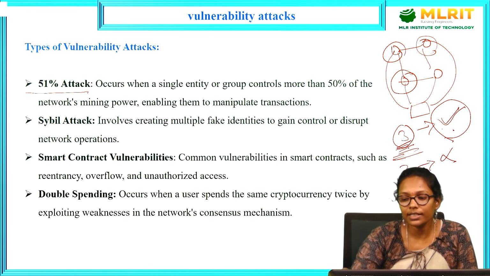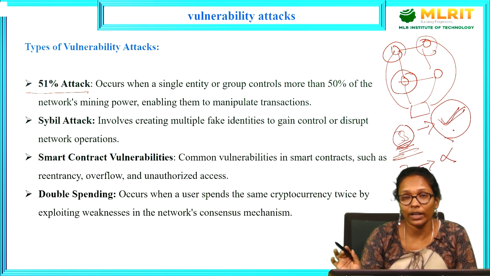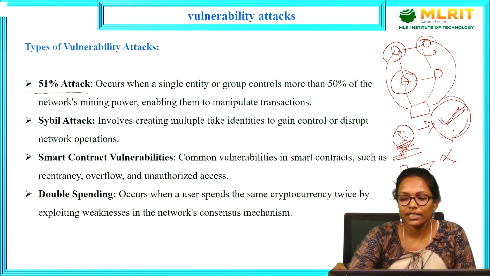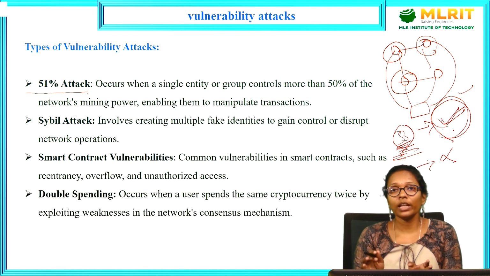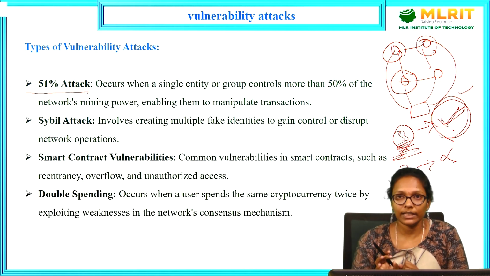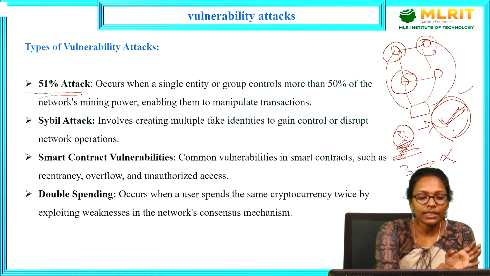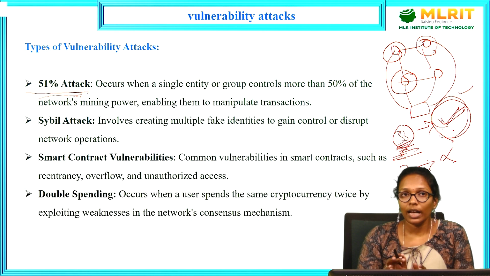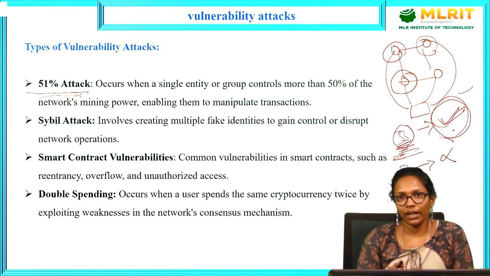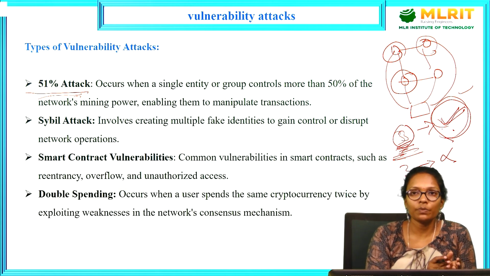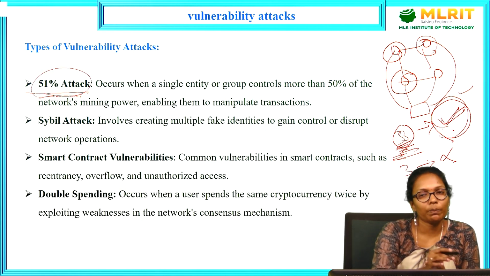These 3 nodes are saying this transaction is valid, and without checking the identity of these nodes, I consider the transaction valid, because more than 50% of the nodes have said it is valid. So a 51% attack means more than 50% of the nodes are malicious and they say the transaction is valid. Finally, that invalid transaction will also be considered valid just because of their voting. That attack is called a 51% attack.